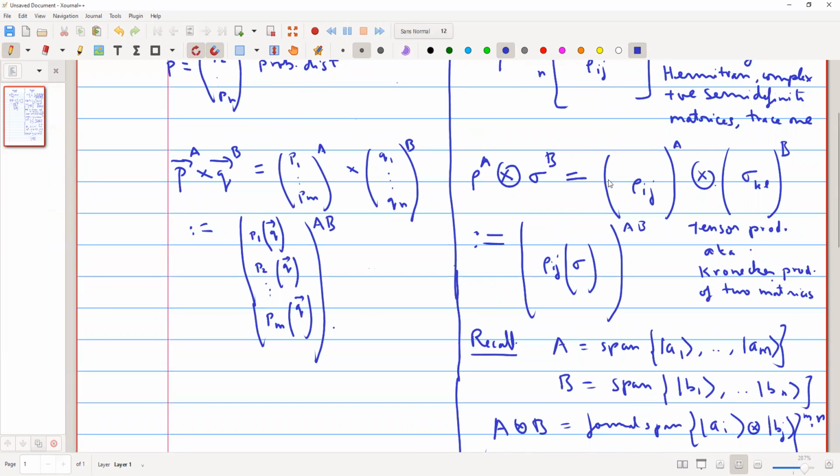So this is the m by m matrix, this is the n by n matrix. Let me write it down. Just remember, this is m by m, this is n by n, and now the tensor product will act on the tensor product space, which is of dimension mn. So this is the mn by mn matrix. But if I write the mn dimensions in the lexicographic order, this is the form of the tensor product matrix.